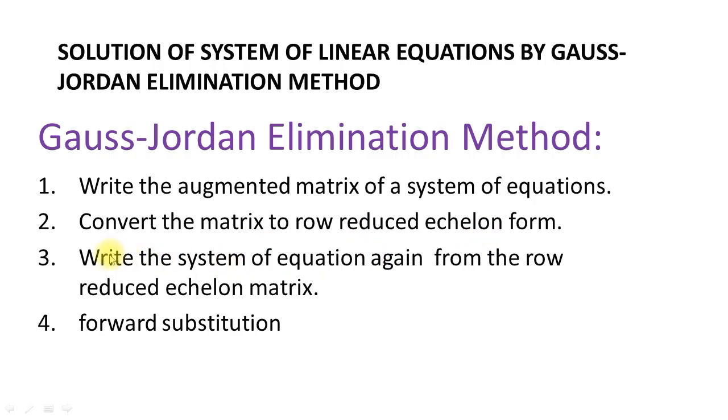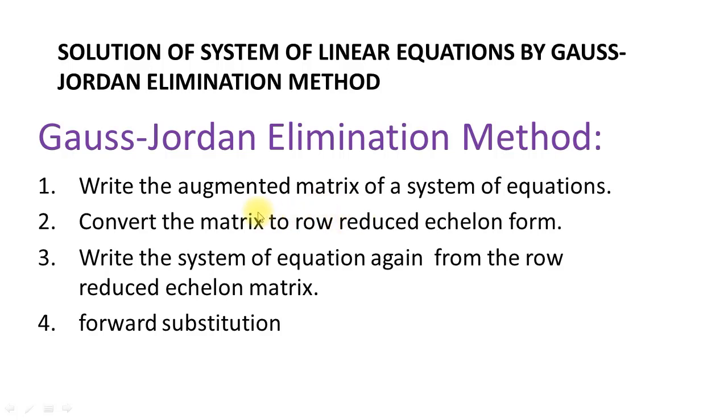And then at the end, when we obtain row reduced echelon form of the augmented matrix, then write system of equation again from that row reduced echelon form. And at the end, using forward substitution, find the solution of system of linear equation.